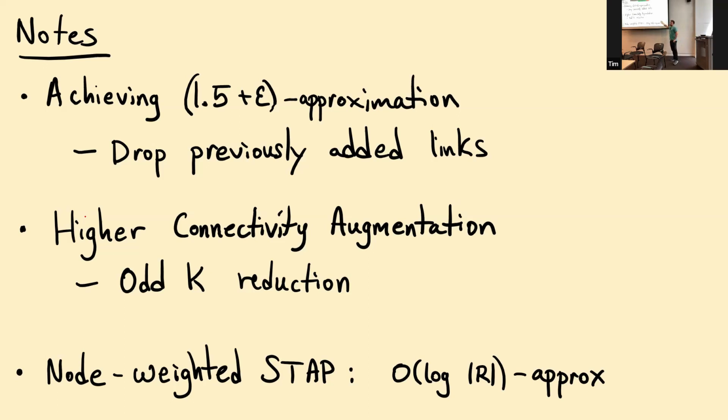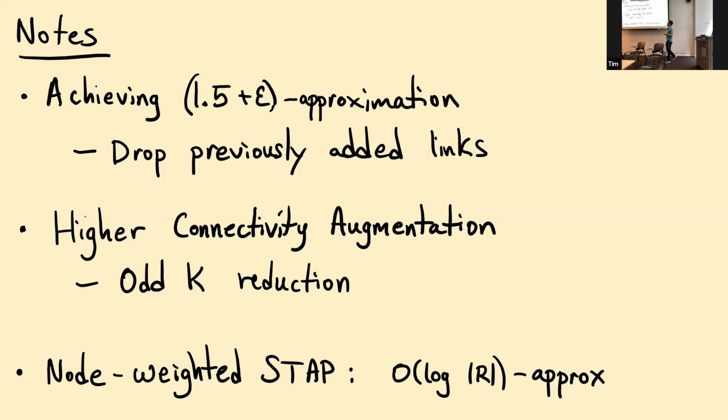So this doesn't immediately work. If I want to make a k edge-connected Steiner subgraph into a k+1 edge-connected Steiner subgraph, this does not reduce to Steiner tree augmentation, but a much less general problem of just taking a k edge-connected graph and adding in nodes as well as links to make it a k+1 edge-connected graph.